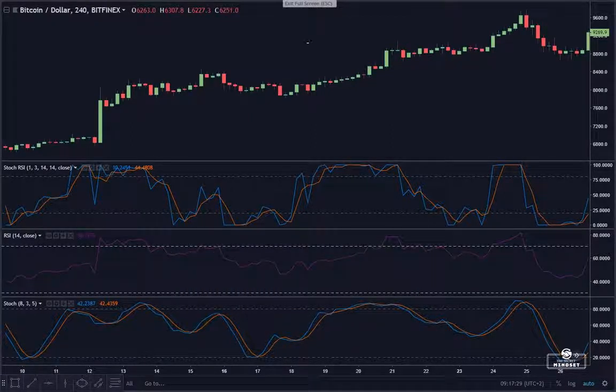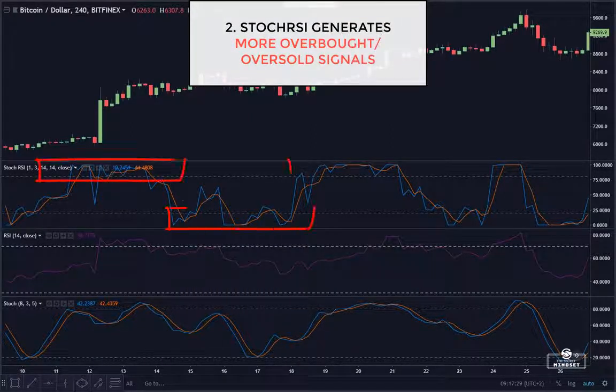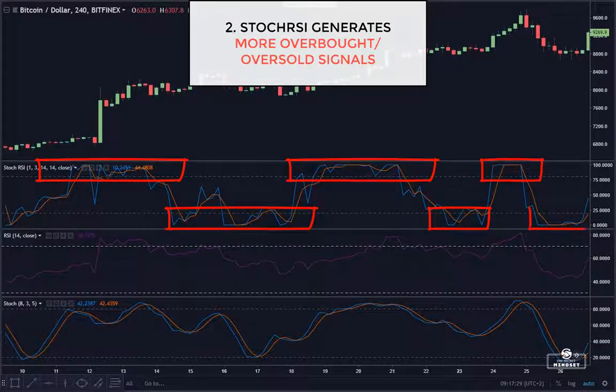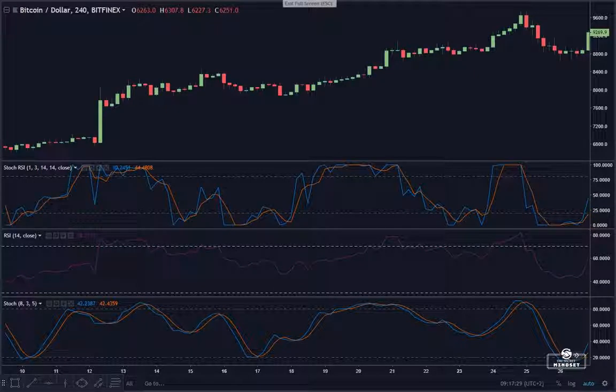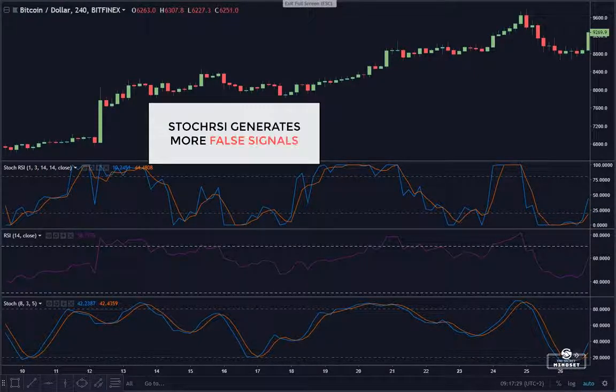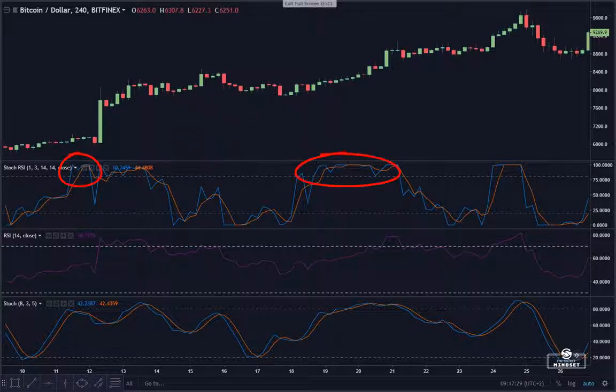Also, we can observe that the stochastic RSI generates more overbought and oversold signals than the simple stochastic oscillator. If we look closely at the chart, there are more false signals offered by the stochastic RSI compared to the other two indicators.